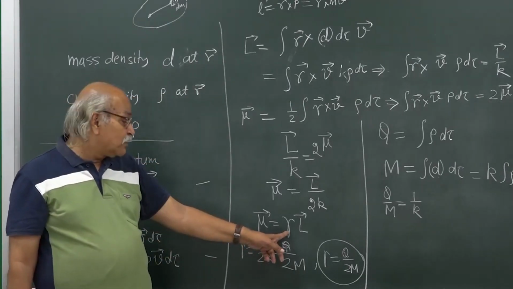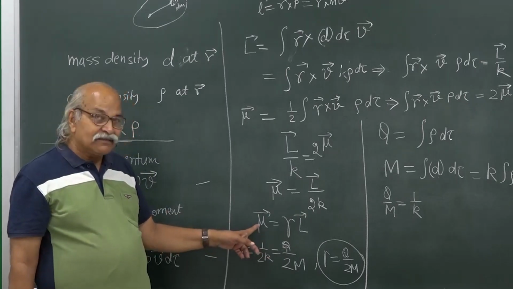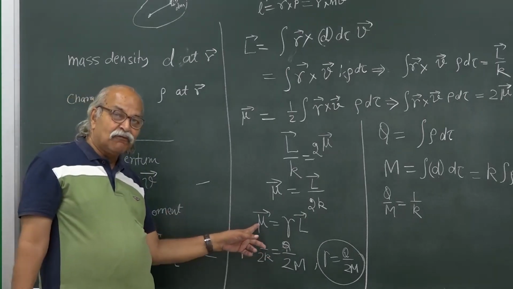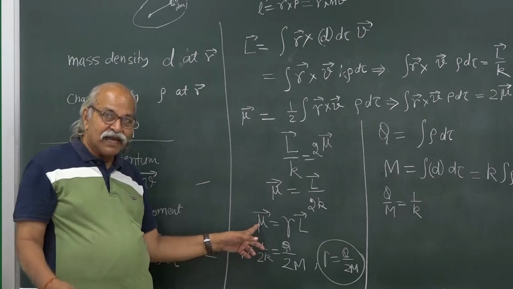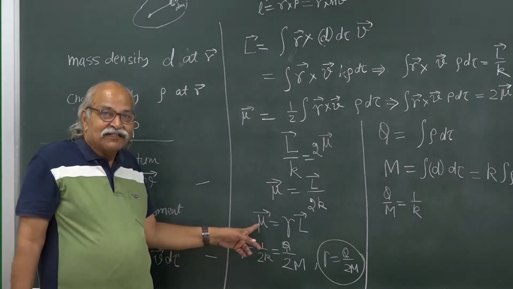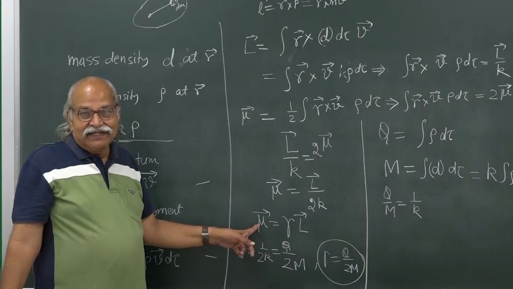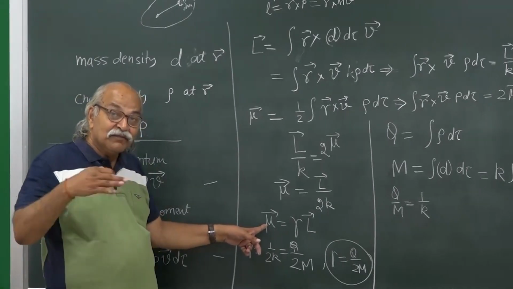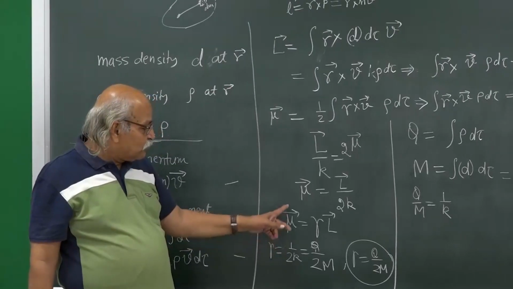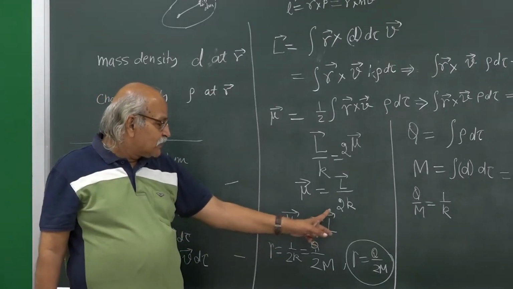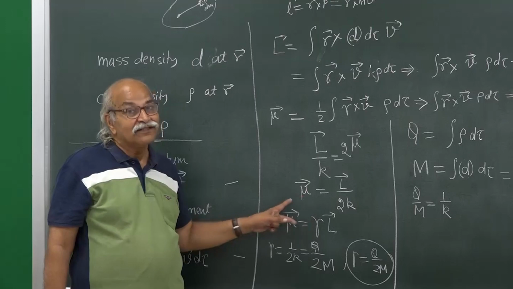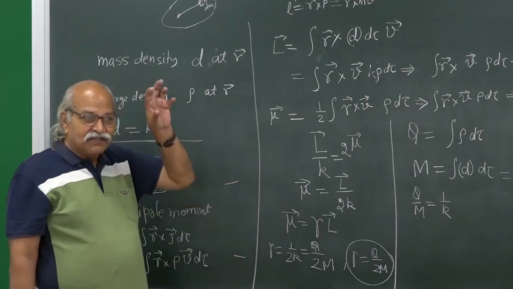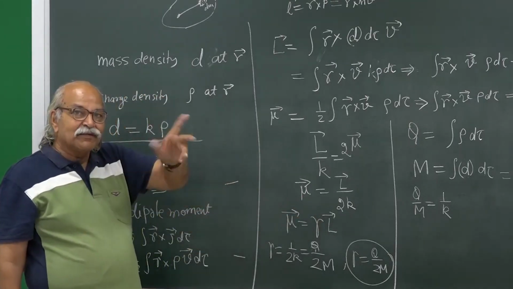The magnetic dipole moment is often in short called magnetic moment. So, if at some stage I say magnetic moment, it is to mean magnetic dipole moment. So, this magnetic moment and the angular momentum, they are proportional to each other, provided you have charge density, you have mass density, and they are proportional.